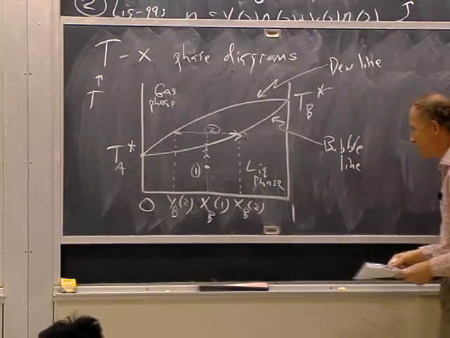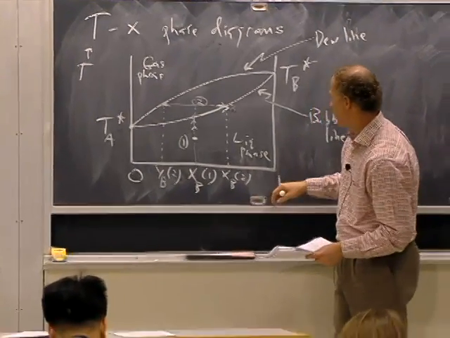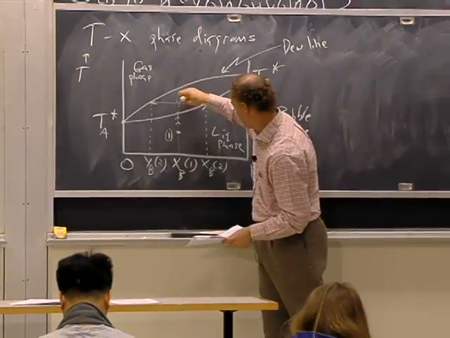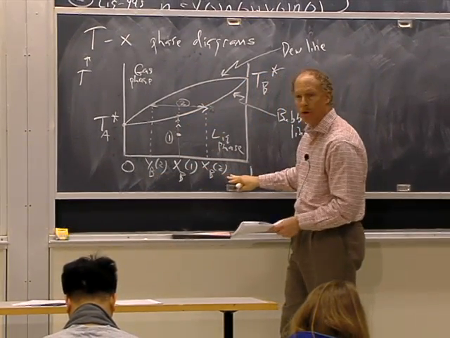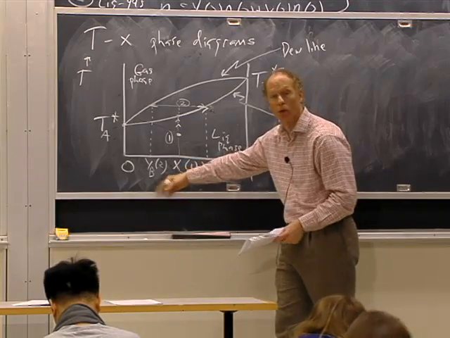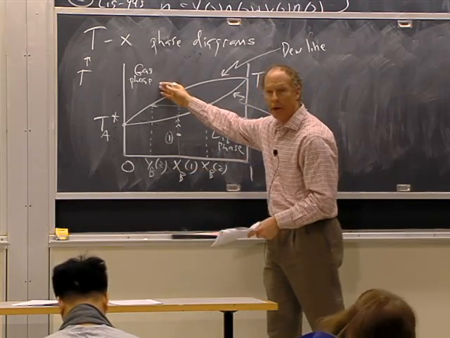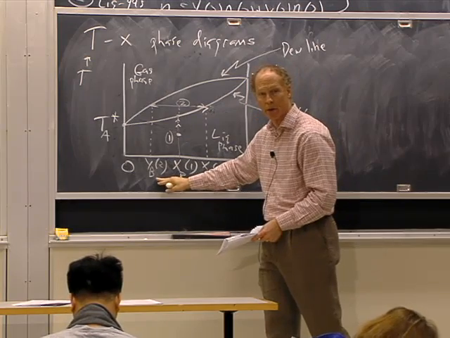So as you should expect, the gas is going to be lower in B. That means that the mole fraction of A must be higher in the gas phase. That's 1 minus YB.